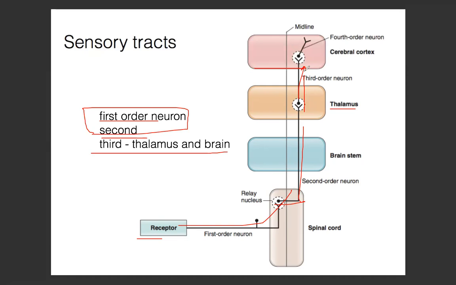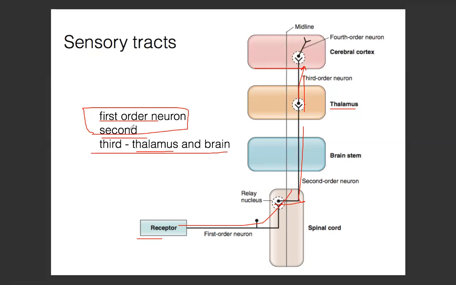What you're supposed to know is to memorize each tract: where its first order neuron is, and where its second order neuron is. A third order neuron, the answer is always that it's in the thalamus. So never bother thinking about it. If you hear third order neuron for any tract, it's thalamus. But the first or second order neuron, you're going to find them different in different tracts.